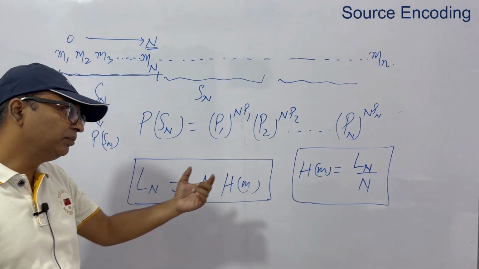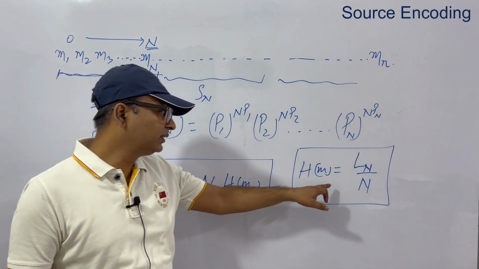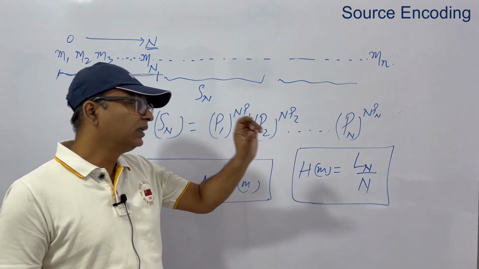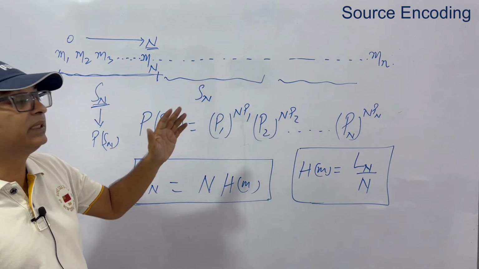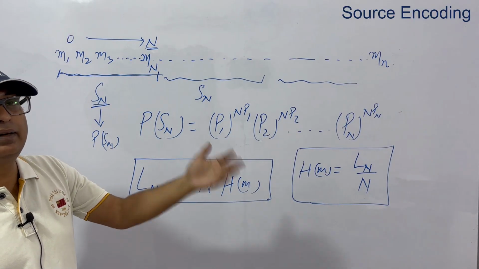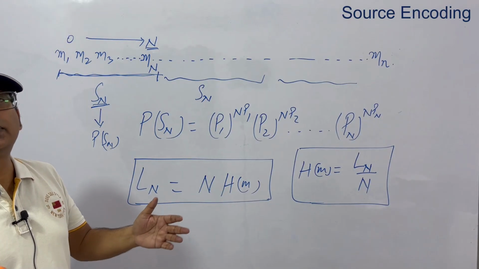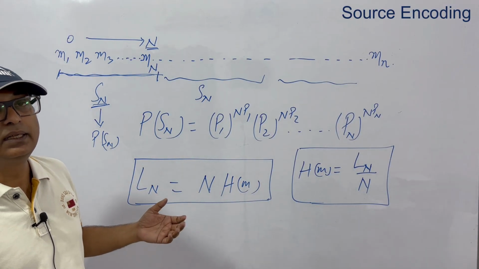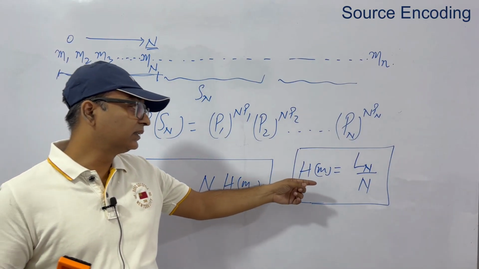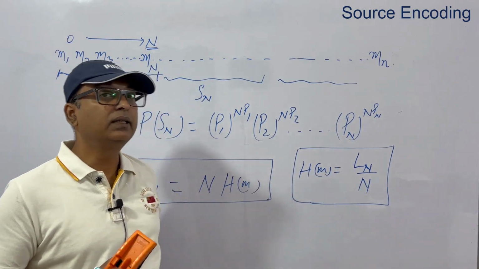That is, below this value, if this average number of digits comes to 10, this means you cannot encode this message if you have fewer than 10 digits. You can have more than 10: 11, 12, 13, 14, but those digits will be redundant. The minimum number of digits required to encode the message will be this Hm, that is Ln by n. Clear?